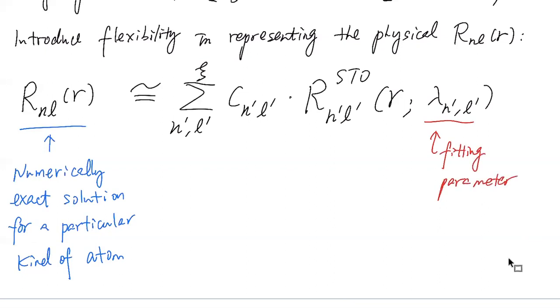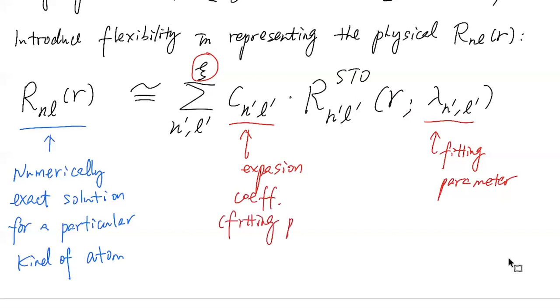The number of terms is your choice. How many terms do you want? If you are willing to use only 3 terms, yes, you can get a set of optimal coefficients. This is the expansion coefficient.